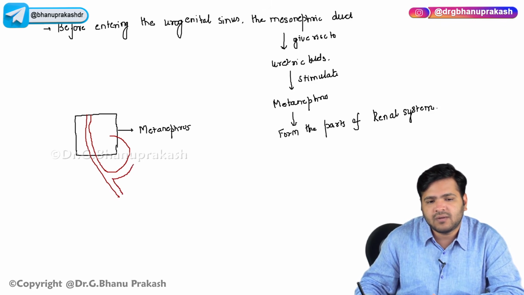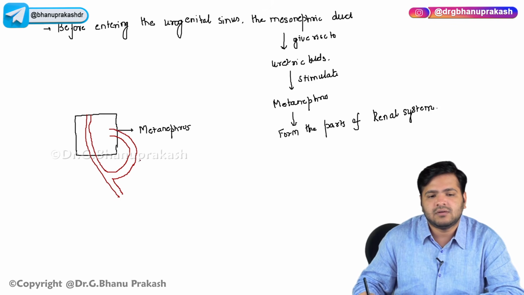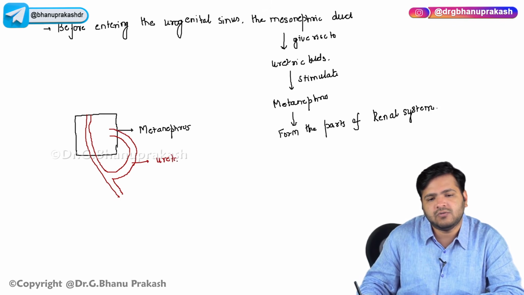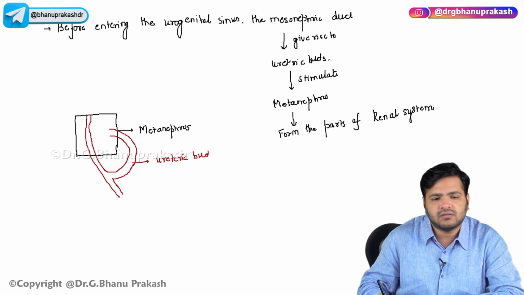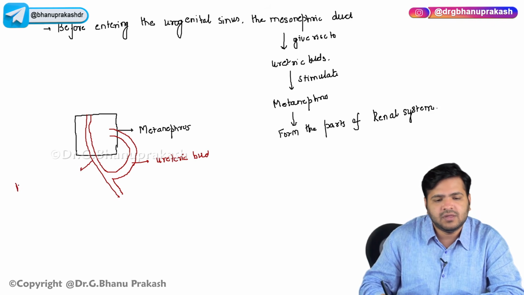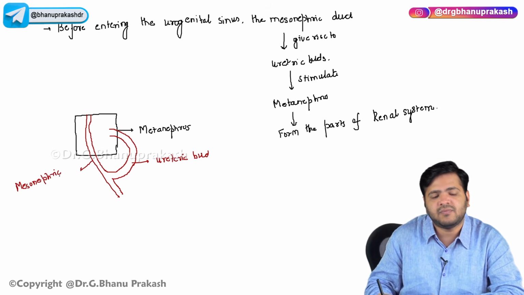Now this structure which I am drawing is called the ureteric bud, right? This structure, you already know, is the mesonephric duct which is coming from the mesonephros.